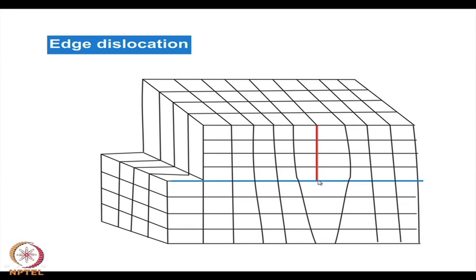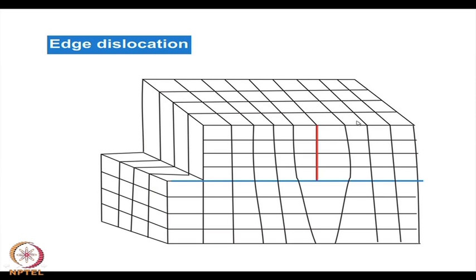That is the boundary between the extra edge plane and the slip plane, the horizontal plane. The dislocation is not the extra plane; it is the boundary of the extra plane, or the junction of the extra plane with the horizontal plane, that is the slip plane.